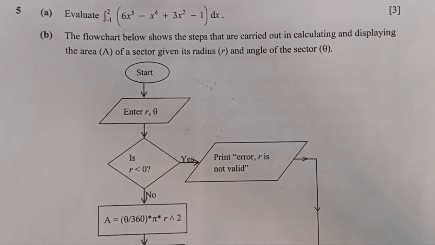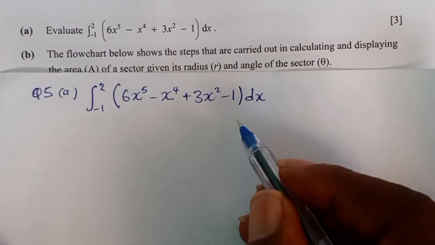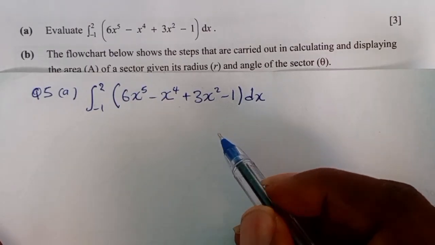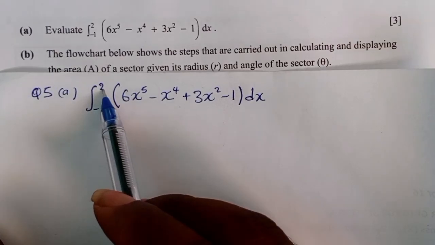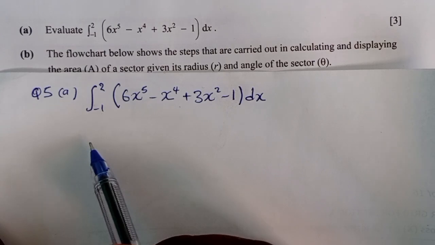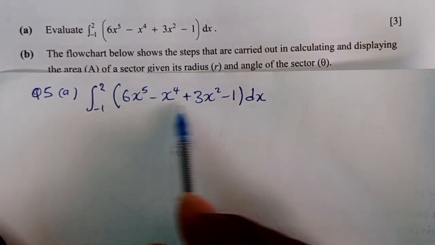Number 5, evaluate. We call this a definite integral, where we have the upper limit and the lower limit. The first thing we need to do is integrate this one.